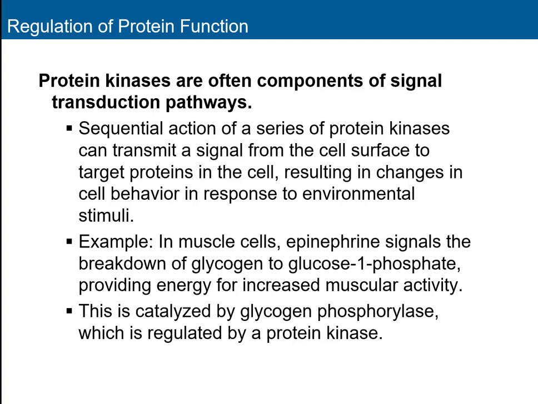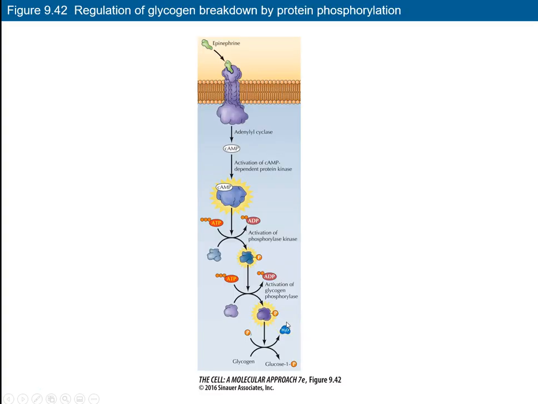So the example: in muscle cells, epinephrine will bind and signal the breakdown of glycogen to glucose by activating a specific enzyme. That's what this is telling you here. We saw this before. Hopefully I gave you the same picture, but essentially the same thing is happening here. Here's epinephrine binding to that muscle cell.